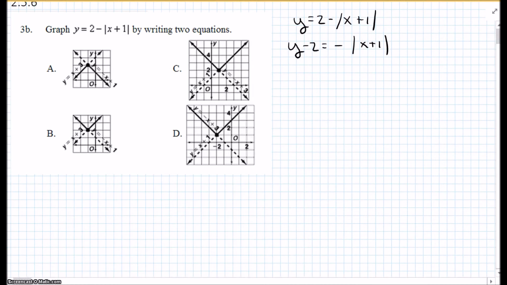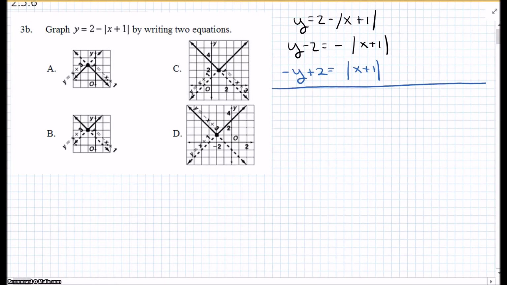Now, basically, multiply each side by negative 1. So we're going to get negative y plus 2 equals the absolute value of x plus 1. Okay, so we have the absolute value isolated.